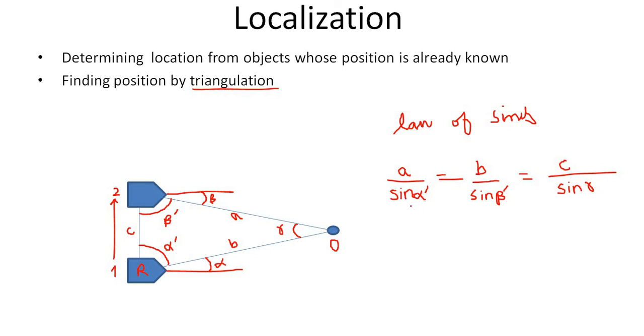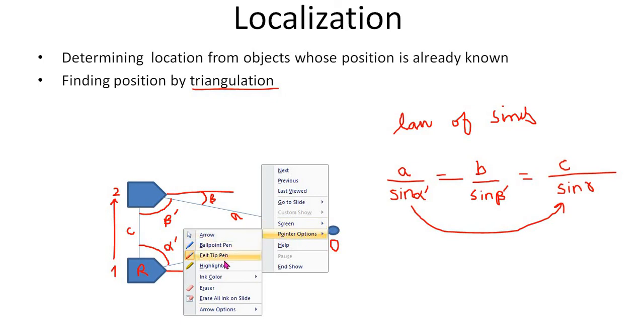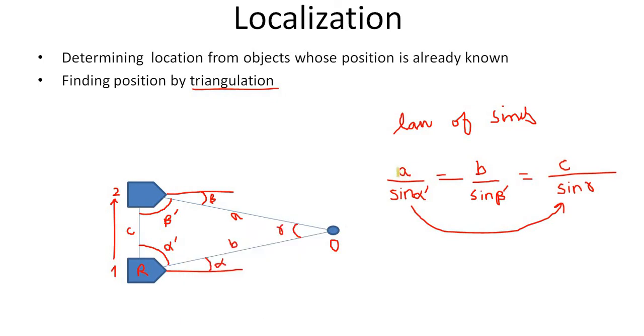We first equate these two, this left hand side with the right hand side, and here we know gamma also, we know C also, and then from here we calculate this A. So this A can be calculated by the comparison of this side with the right hand side, and after that we calculate B. B can be calculated using the comparison of this side with this side.